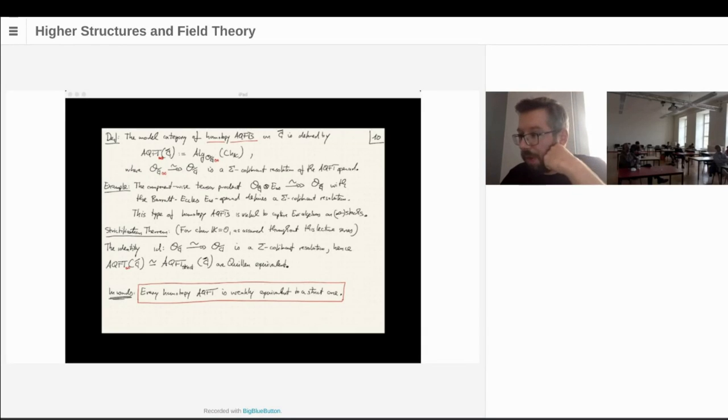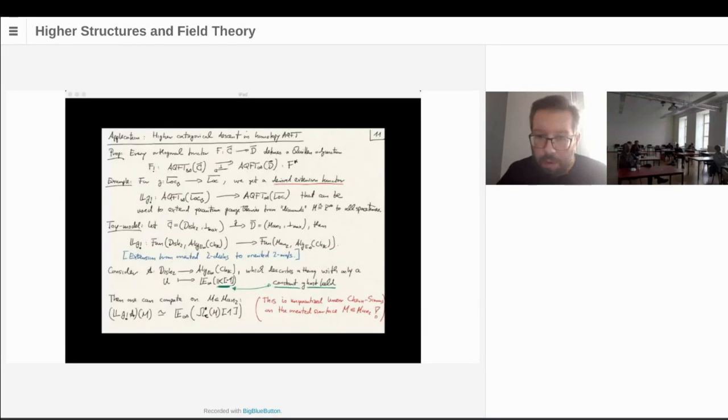And you can produce examples, which I will skip because I wanted to say something more important. I skip the examples, but I tell you that these homotopy coherent AQFTs have a strictification theorem, like L infinity algebras can always be strictified in characteristic 0 to Lie algebras. Also, these homotopy AQFTs can be strictified to strict AQFTs, and this is the content of this strictification in characteristic 0.